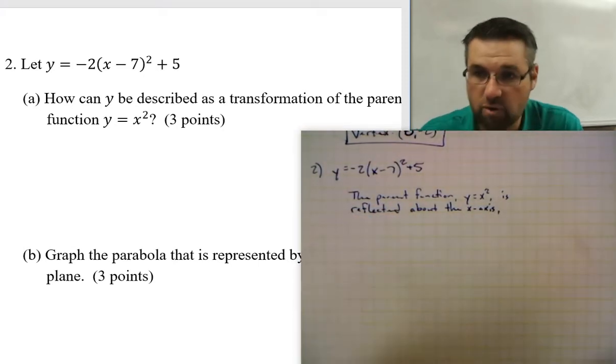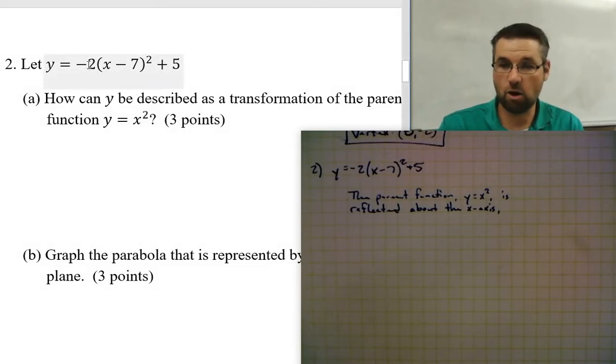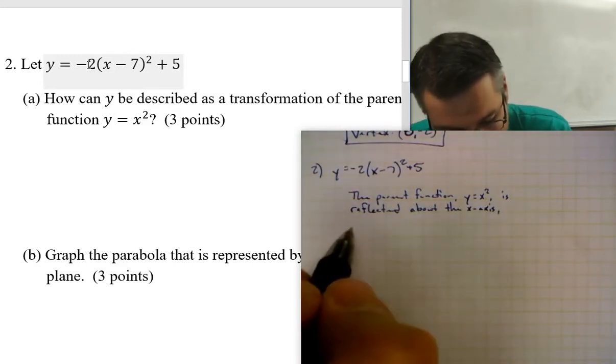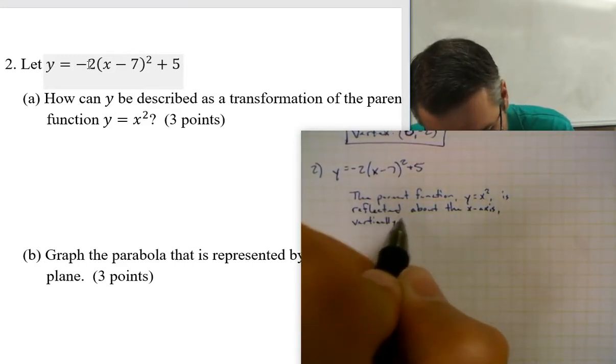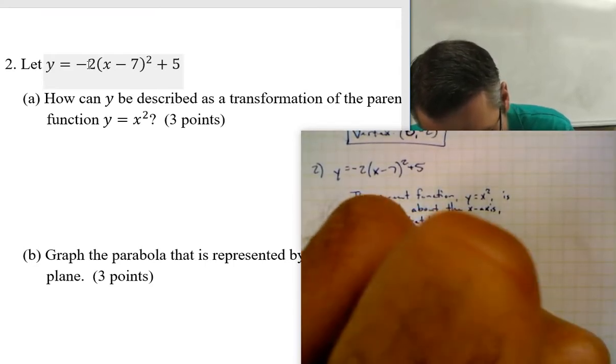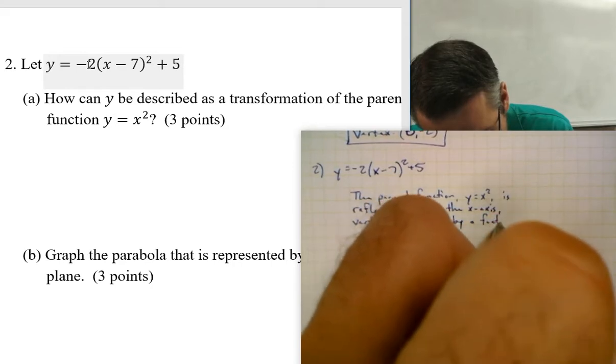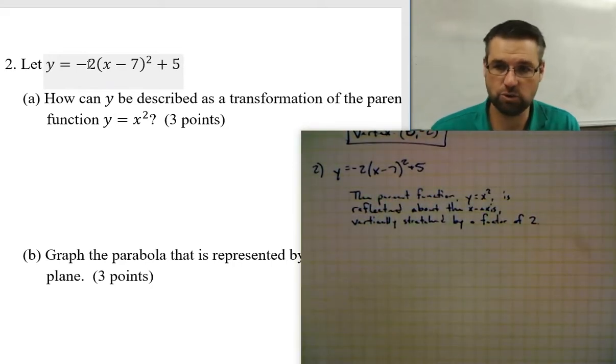Then we talk about our vertical stretch or our vertical shrink. Because the A value has a value that's greater than 1, right? It's a vertical stretch. So we'd say vertically stretched by a factor of 2, because our A value is 2, right?